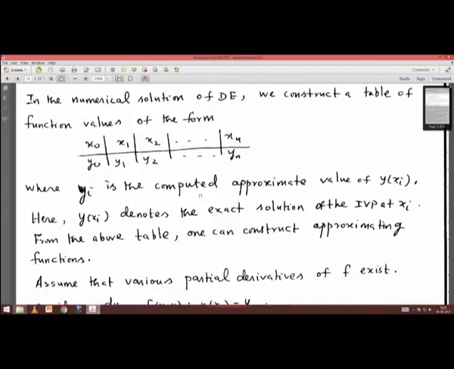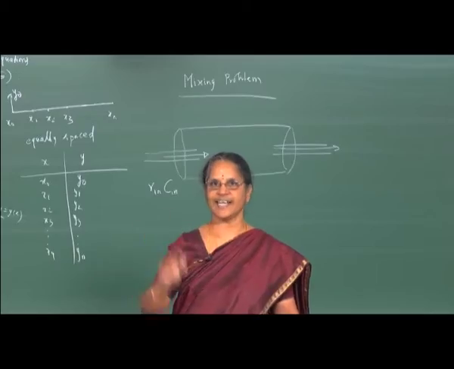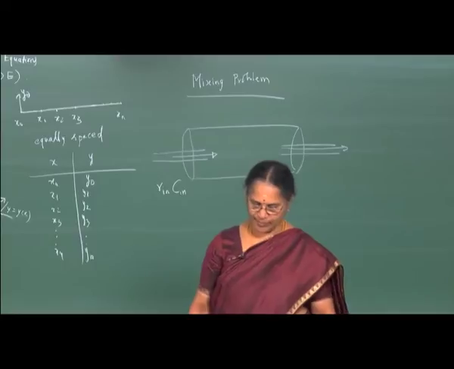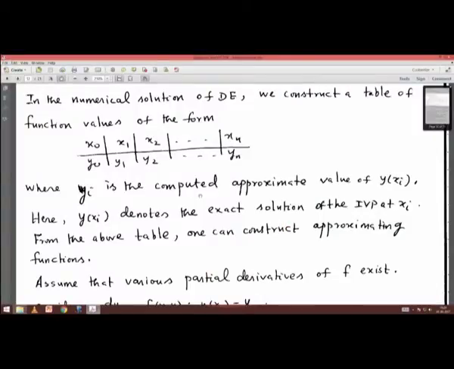So, we are going to construct a table of function values of the form x naught, y naught, x1, y1, etc., xn, yn, where yi represents the computed approximate value of y of xi, where y of xi is the exact solution of the initial value problem at any xi. As we said already, once we know the table of values, we can reconstruct this function y is equal to y of x.